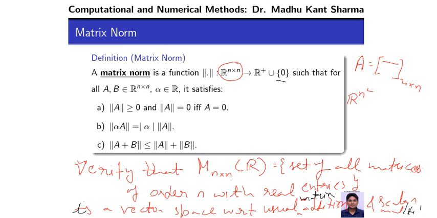If A is a null matrix, only then is the norm 0; otherwise, if any one of the entries is non-zero, it will be strictly greater than 0. The second property is homogeneity.